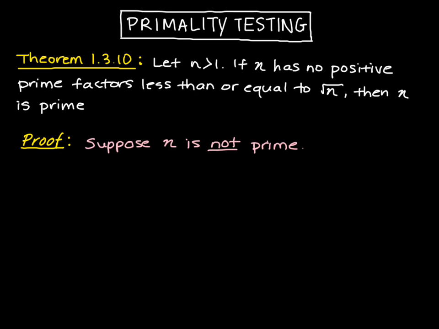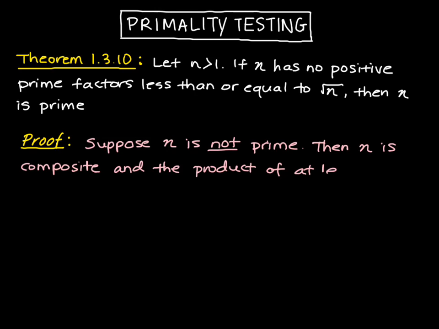It says that n is composite, and it also says that we can write n as the product of at least two positive prime factors. We'll call those factors P1 and P2.